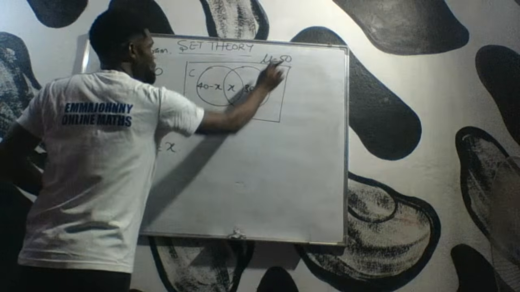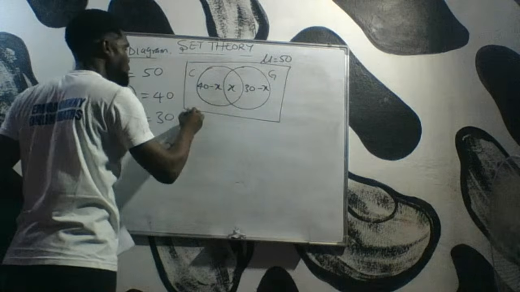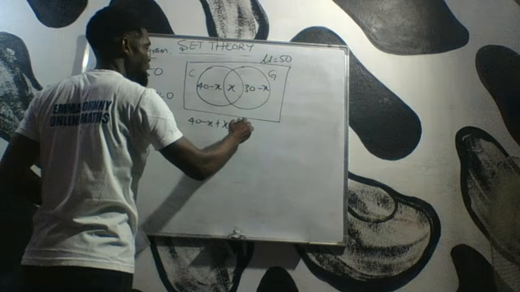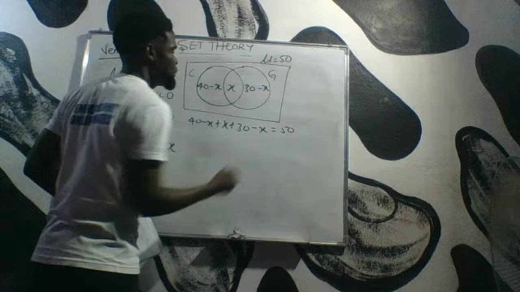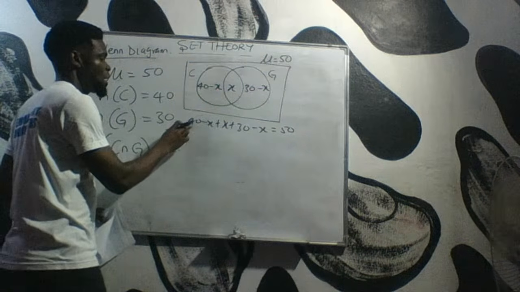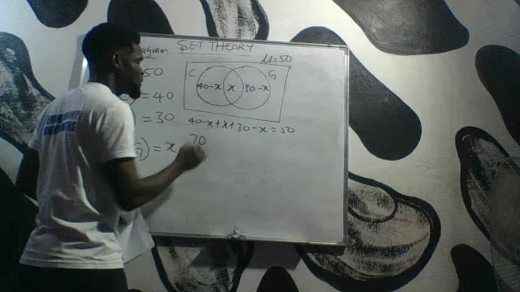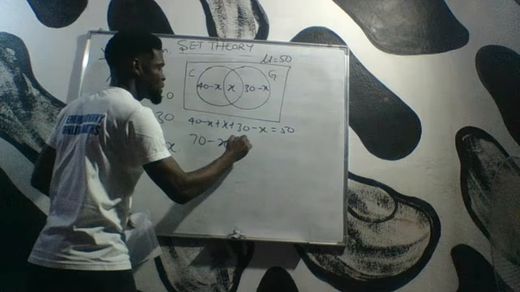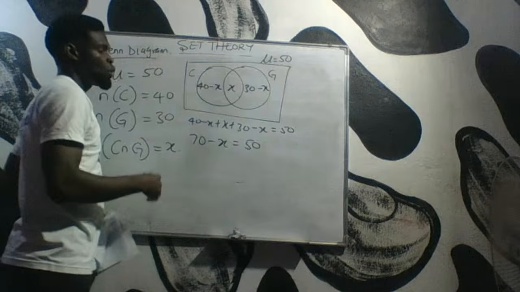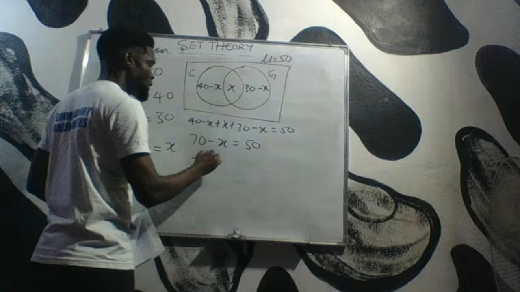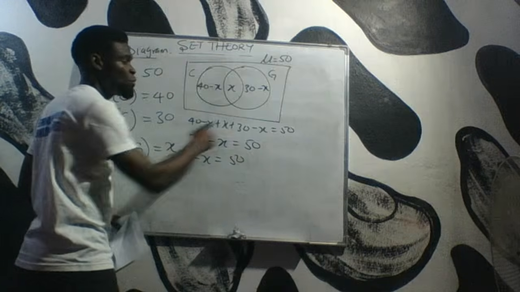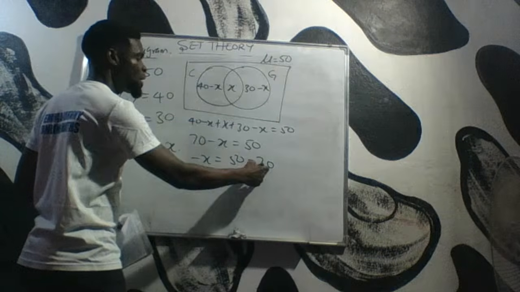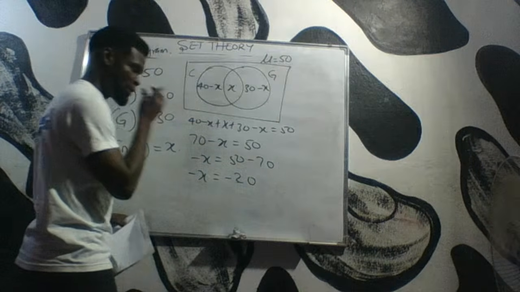If you sum everything, it will give you 50. That is 40 minus X plus X plus 30 minus X equals 50. 40 plus 30 is 70. Minus X plus X is 0. Then I go with minus X. So minus X equals 50 minus 70, which is minus 20.